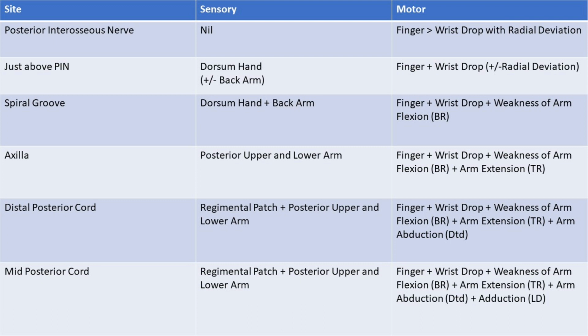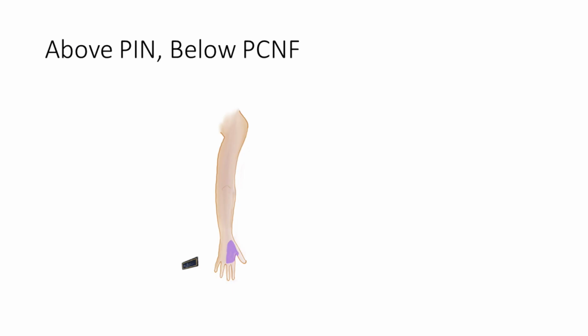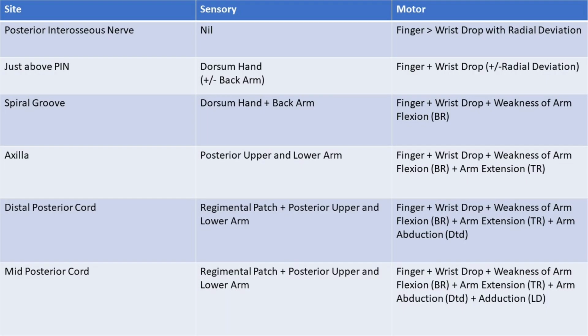If it's occurring just above the posterior interosseous nerve, then there may be some sensory loss if the superficial radial branch has been impaired, and one will have finger and wrist drop, plus or minus radial deviation, depending exactly on where that's occurred.